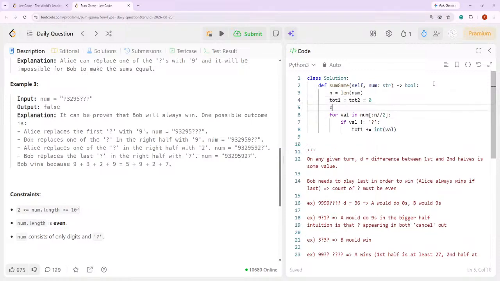And I think I need to have the count of the number of question marks. I'll do qnum and qnum2.